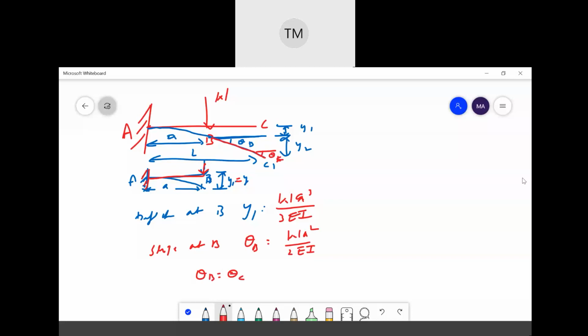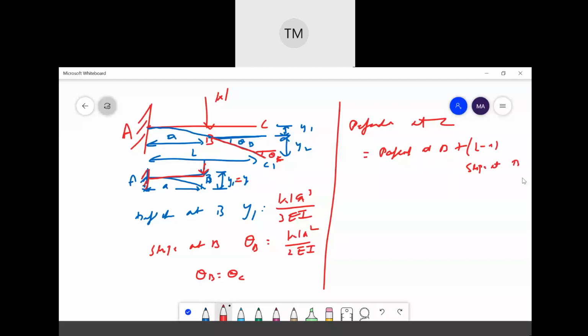The slope at this point is equal to the slope at this point. Understand? So the slope will be equal, but how do you calculate the deflection at point C? Deflection at C is equal to deflection at B plus L minus A into slope at B. Here you are considering this as one triangle.